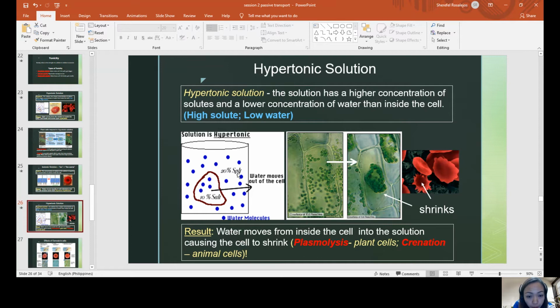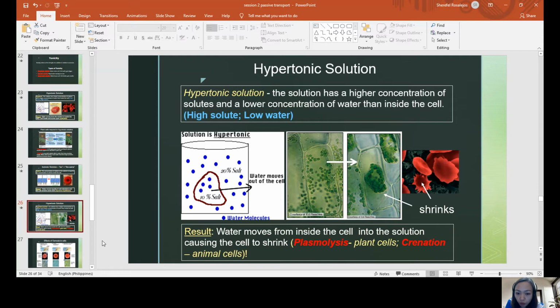Meaning, what will happen? What is the movement of water? So the high water potential now is inside the cell, and the low water potential is outside of the cell. So what is the direction of the movement of water? Move going out. Why? Because mas daghan man ang solutes outside sa cell.